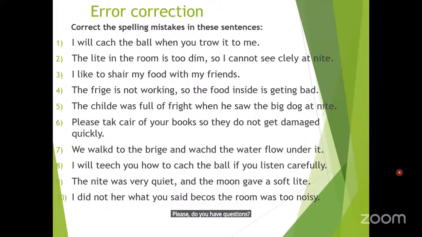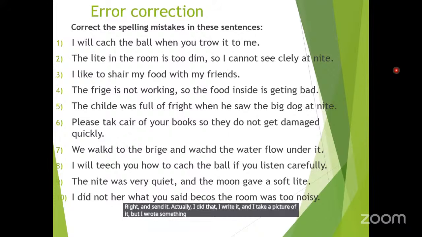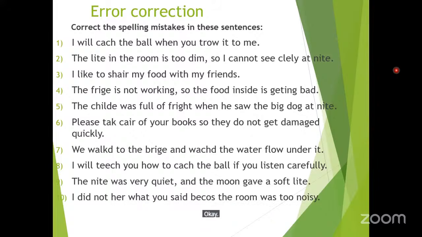Yes. Actually, I was trying to explain something to you last week in the lesson, and you said I should write it and send it. I did that. I wrote it and took a picture of it, and I wrote something under it for you to see, but you have not responded yet.